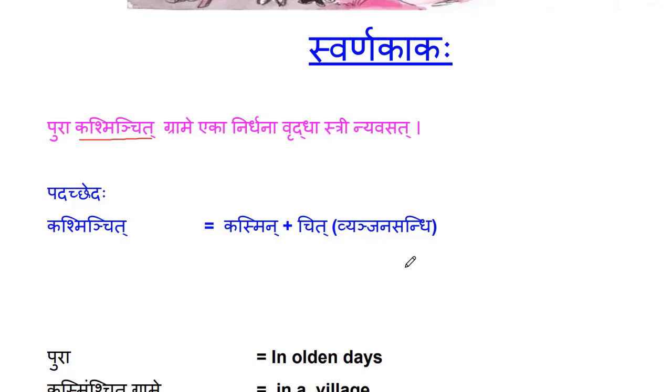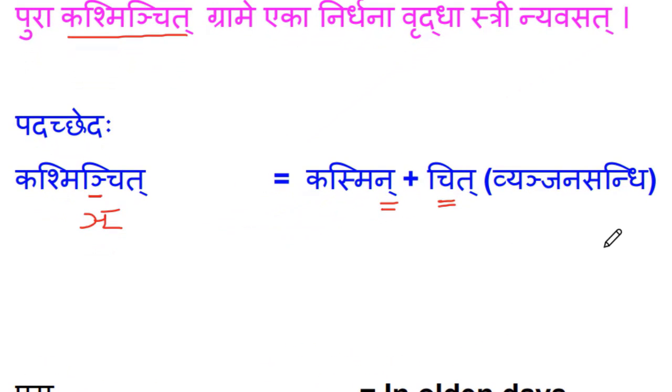Kasminchit we can split into Kasmin plus Chit. When these two words are joined together, we get one new letter here, that is Nya. Where did this Nya come from? When these two words are joined, before the plus we have an N, and after the plus we have a Cha.